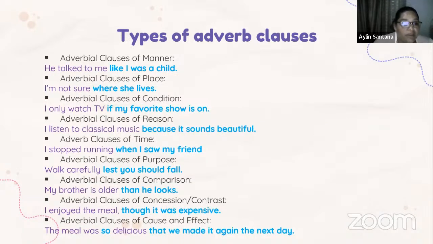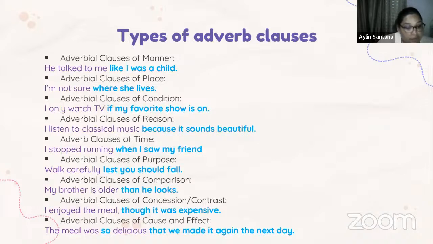Okay, so you can find the time period: when I saw my friend. The other important information is about the adverbial clause of purpose.